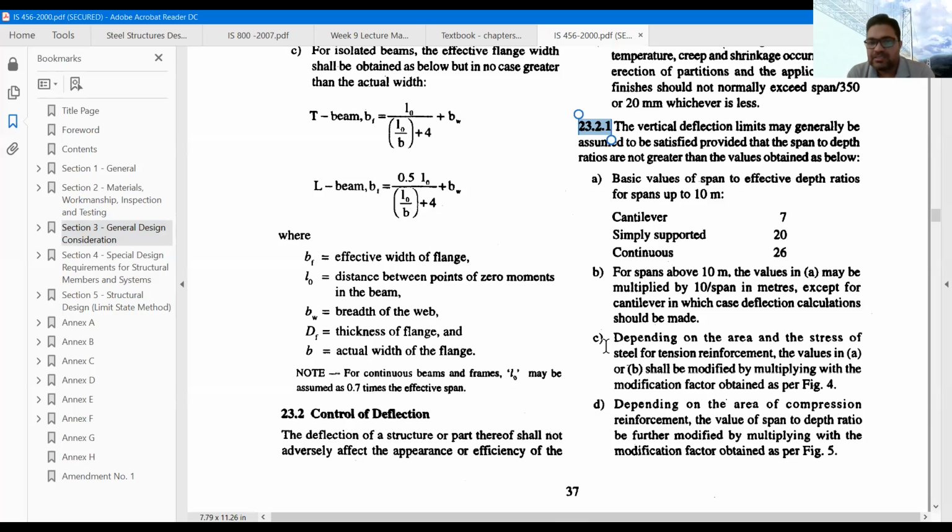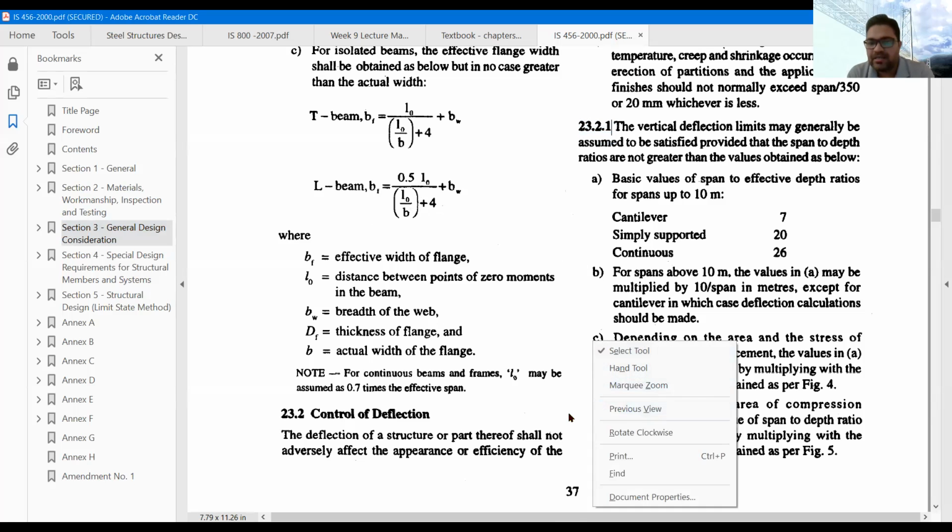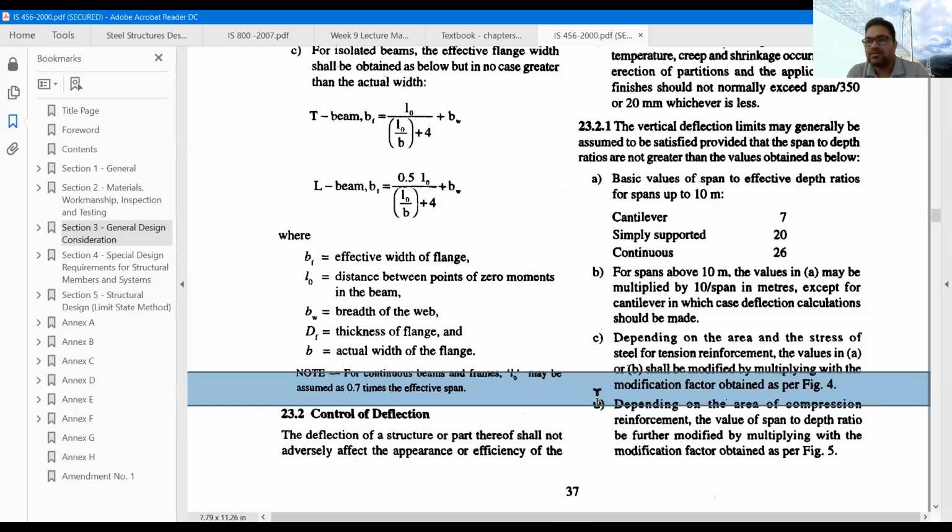In this, we will use points C and D because we are designing the doubly reinforced beam. Under point C, we will find out modification factor 1 using figure 4, and under section D, we will find out modification factor 2 using figure 5.